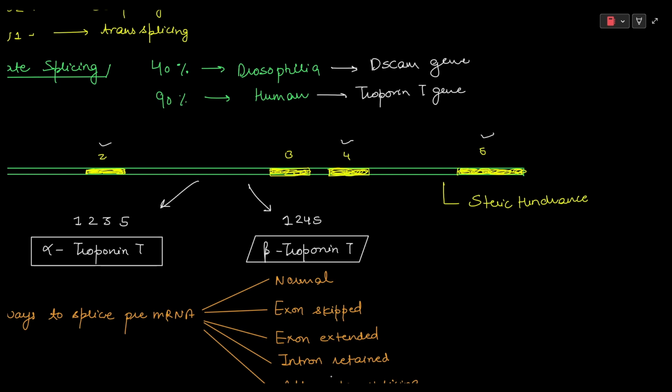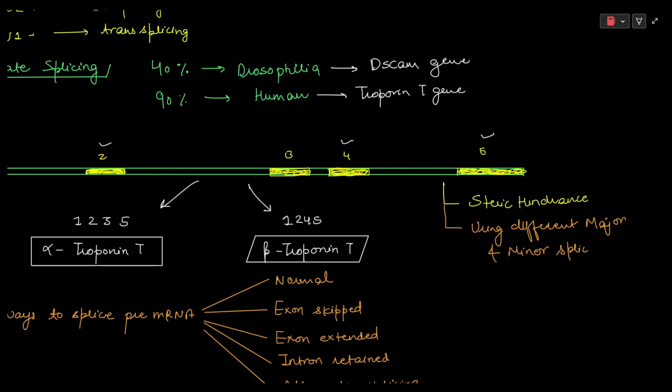The second method that I'm going to mention here is using different spliceosomes. If you remember from earlier in this video, I told you that there are two spliceosomes, a major and a minor spliceosome, and they have slightly different splicing sites.